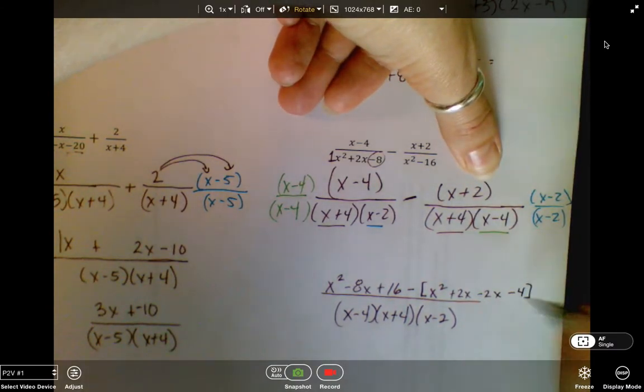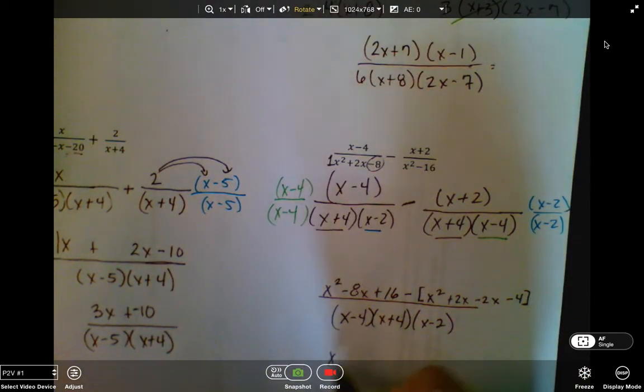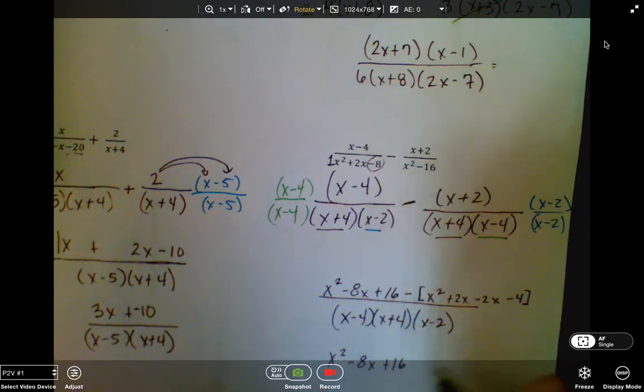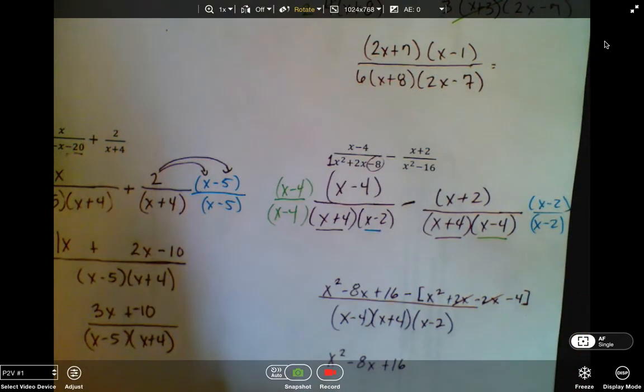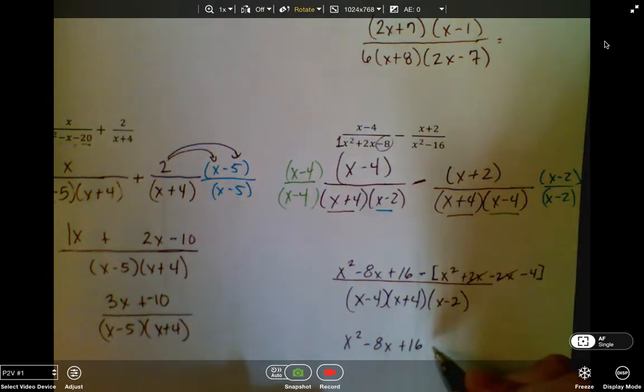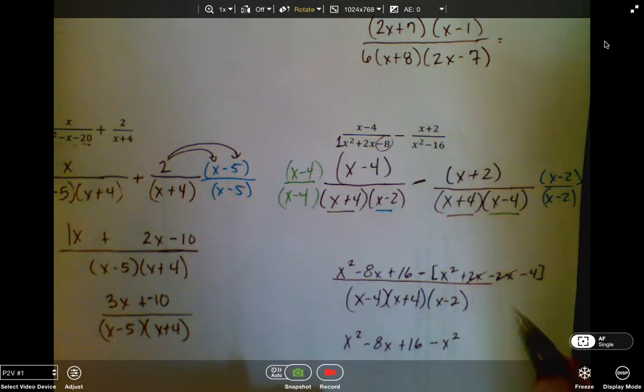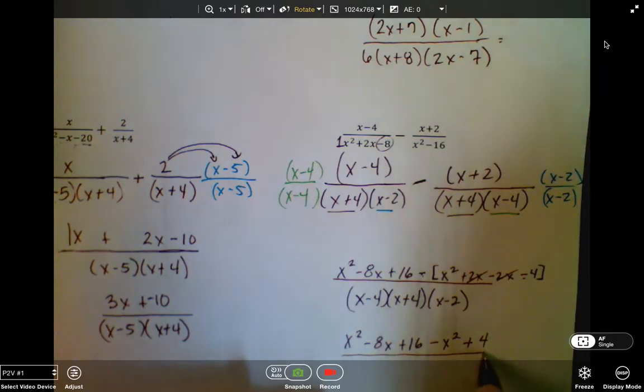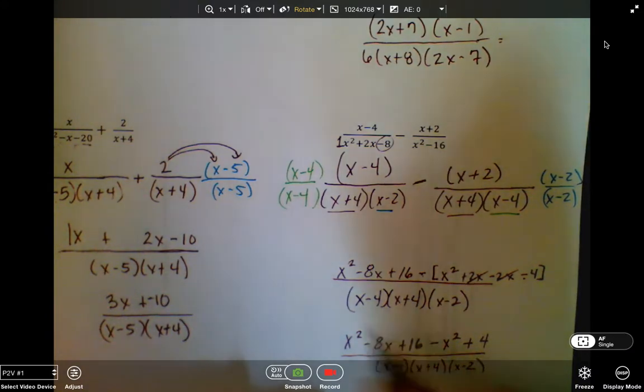And we simplify x squared minus 8x plus 16. These guys are going to go to 0, and then we're going to distribute through that negative. So we're subtracting x squared, and we're subtracting negative 4, which is going to give us plus 4, all over x minus 4, x plus 4, x minus 2.